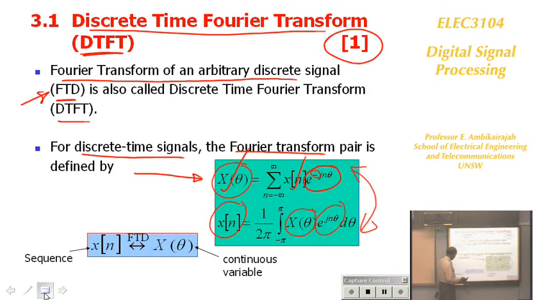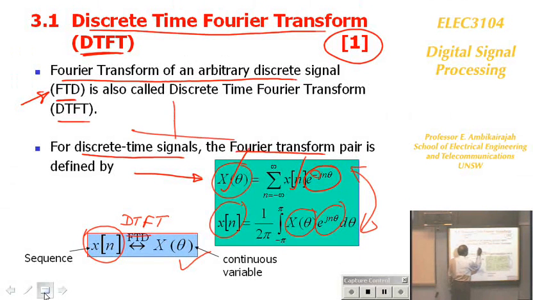Okay. So from now onwards, if you have a sequence, leave out the 'time' and say if you take the discrete time Fourier transform, you get X(theta). And remember, X(theta) is continuous. So if you find X(theta) for a signal, the magnitude and phase are continuous in the range of minus pi to plus pi.